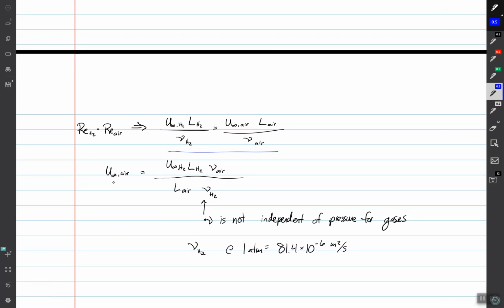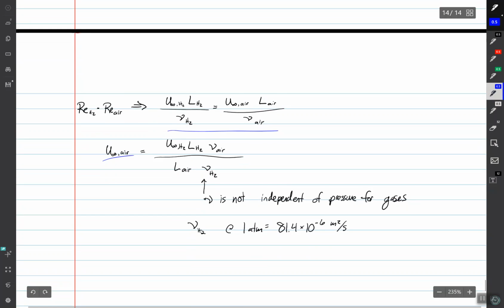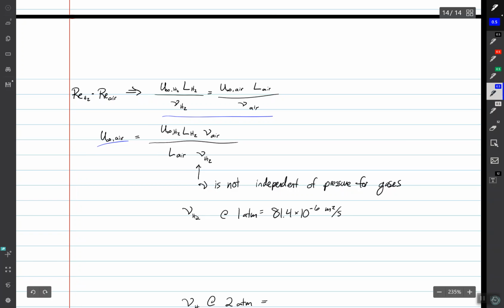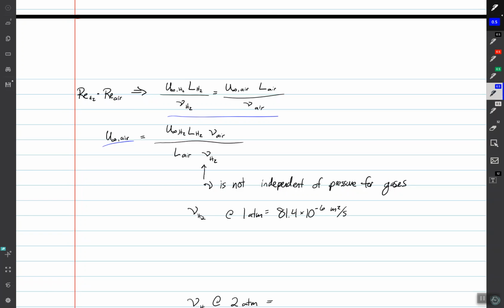Now the problem is what we looked up. We looked up the kinematic viscosity for hydrogen at 1 atmosphere. Remember, kinematic viscosity equals the viscosity divided by the density.